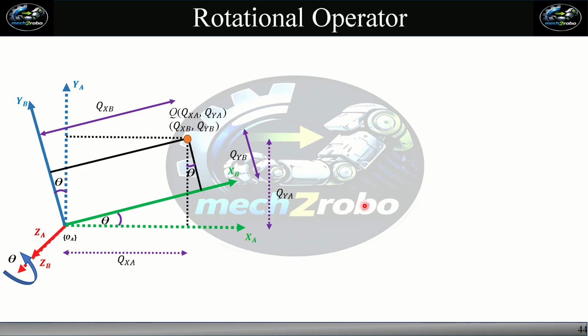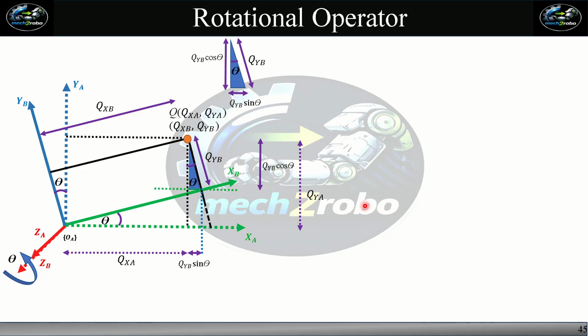So after that, we resolve this QYB component along two directions, which are along XA and YA, and we get the resolved components of QYB as QYB cos theta and QYB sin theta.